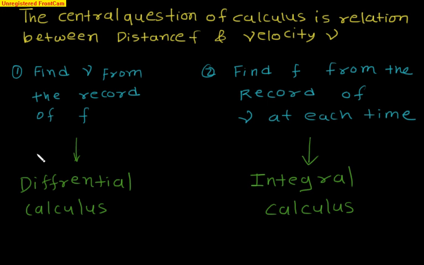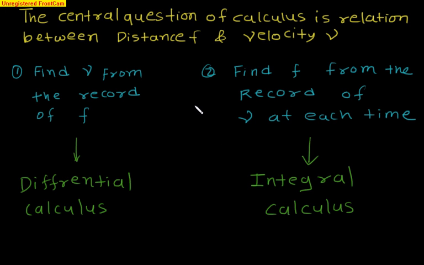The first question is answered by differential calculus, and the second question is answered by integral calculus. These are the two parts of this subject, calculus: differential calculus and integral calculus.